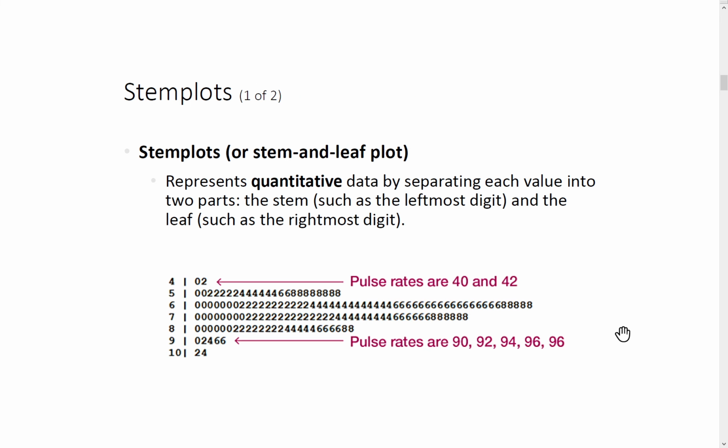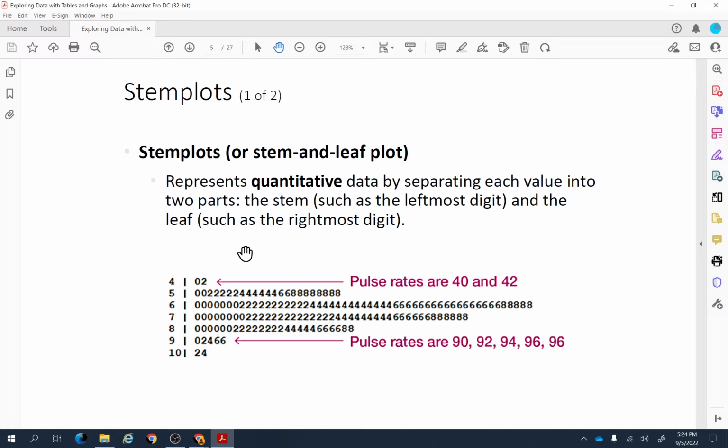We have stem plots, which are very similar to dot plots, but instead of plotting dots, we separate the number into two parts. Stem plots represent stem and leaf. This part is called the stem and this part is called the leaf. As you can see here, the left side is the stem and the right side is the leaf.